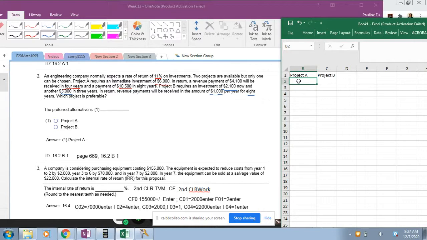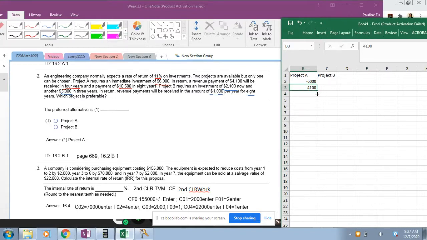Require immediate investment of 6,000. Investment means this is money outflow, so negative 6,000. A revenue of 4,100 will be received in 4 years. Okay, so 4,100 in 4 years.